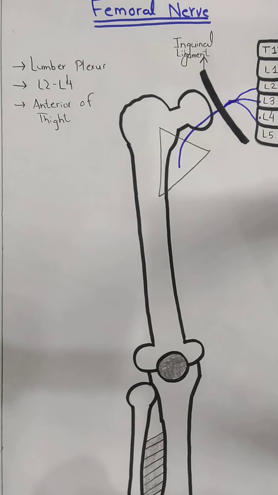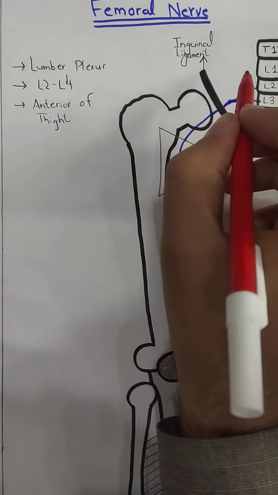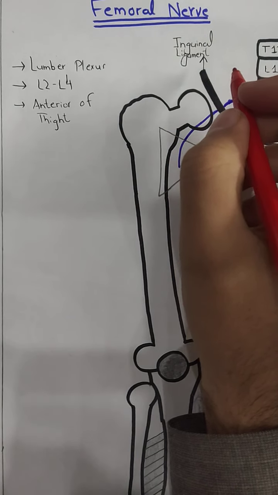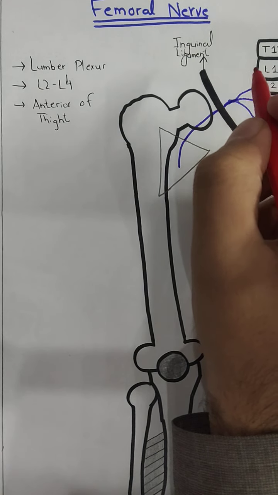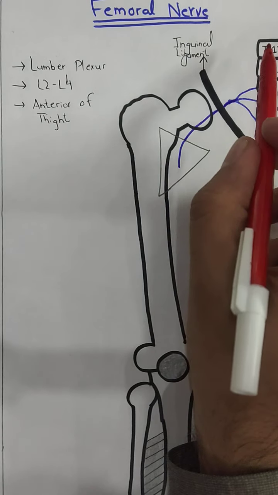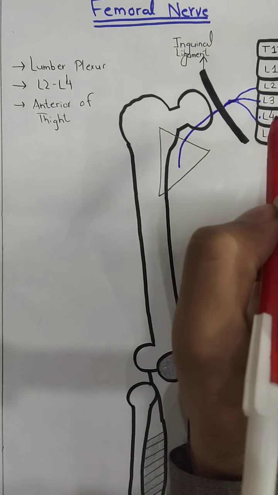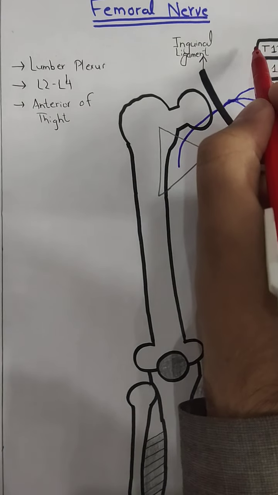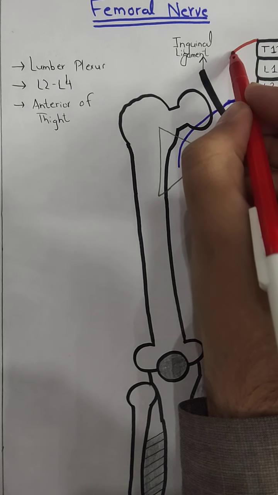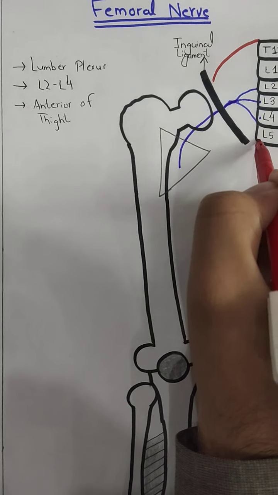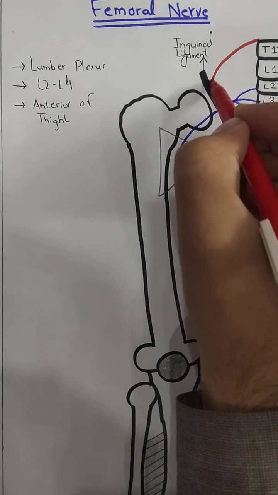Now here we will see some relations of the femoral nerve and its branches. Near its origin, it is present posterior to a muscle, the psoas muscle, and that muscle originates from the T12, L1, L2, L3, L4 and L5 vertebrae. It is a large muscular mass present here.